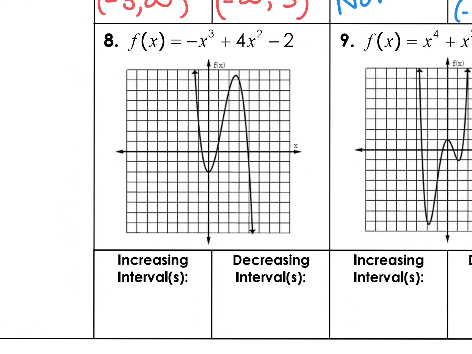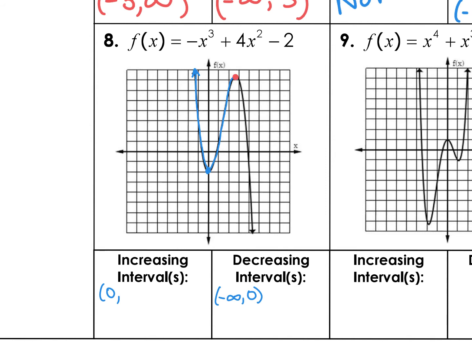Okay, so number 8, I start from left to right, going down, down, down to here. So this is a decreasing interval, starting from x is negative infinity to the x value of 0. And then I'm going to be increasing between 0 and, this isn't an exact point.